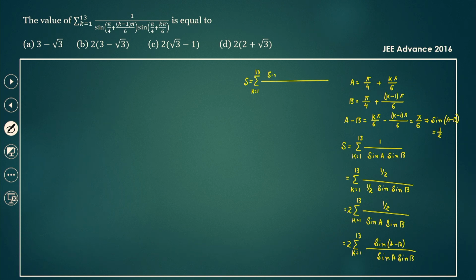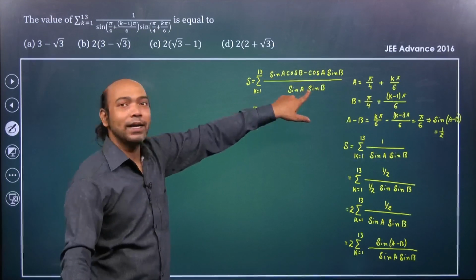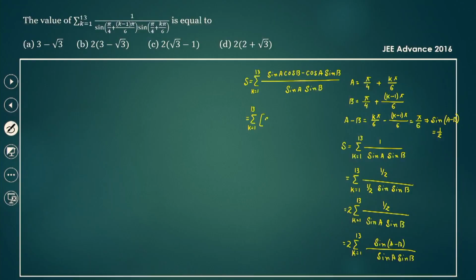We get sine A cos B minus cos A sine B, divided by sine A sine B. Now if I divide the denominator and numerator, the sine A term cancels, so we have cos B by sine B, and on the other side sine B gets cancelled, so we get cot B minus cot A. So I directly write that: cot B minus cot A.